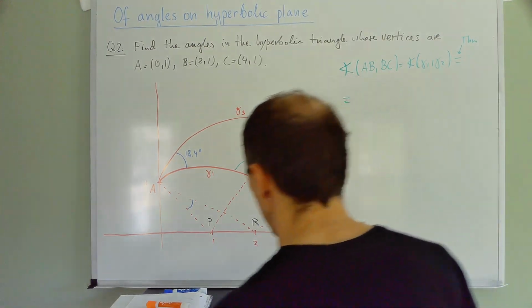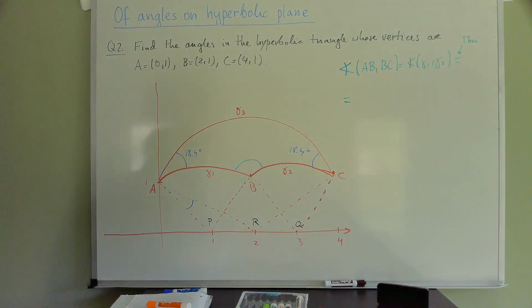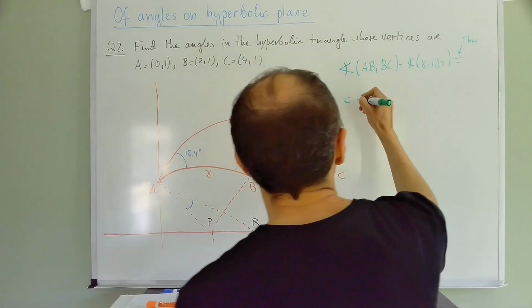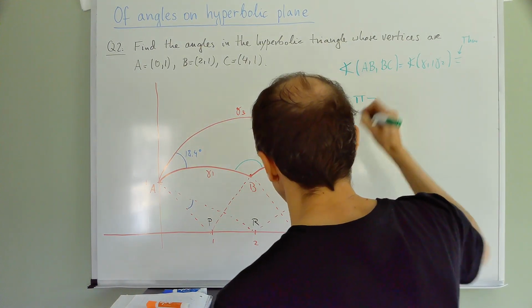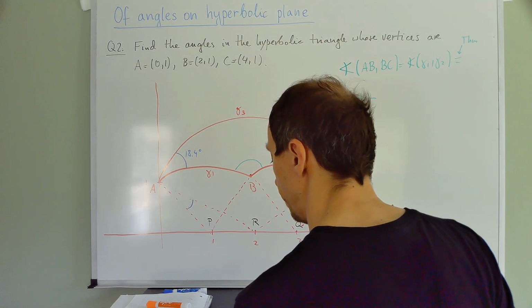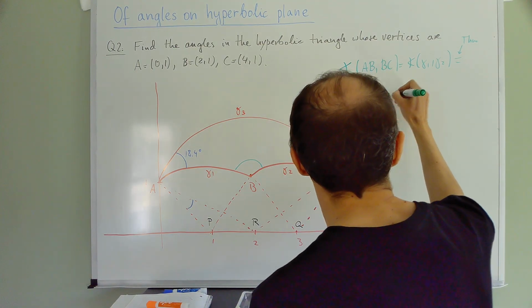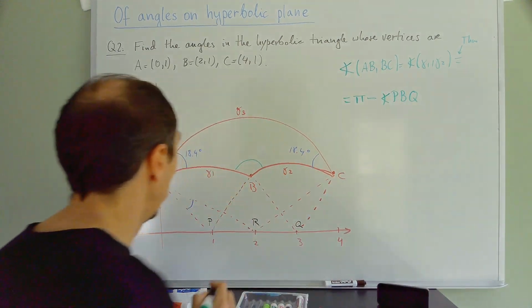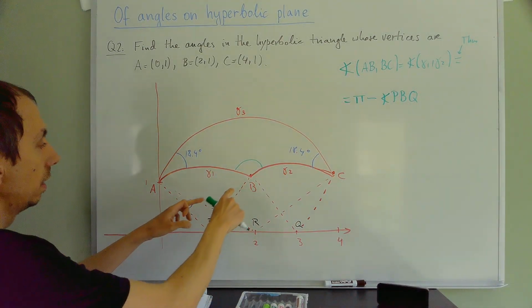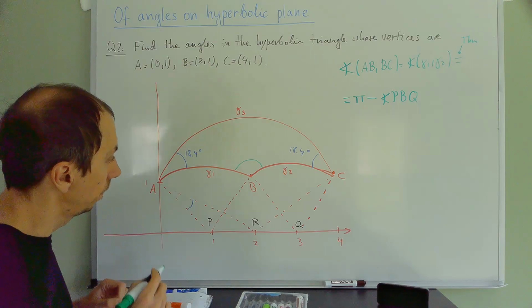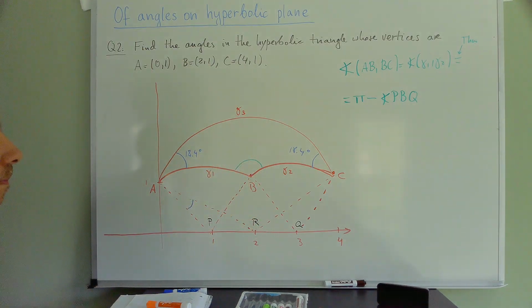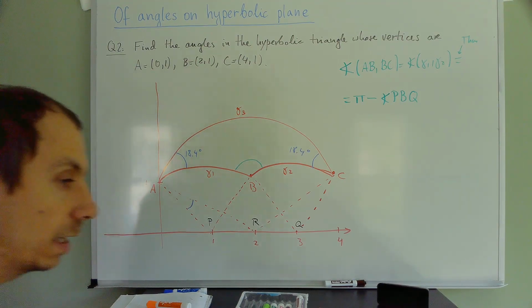And now this is the last case of the theorem. So that angle will be equal to pi minus the angle PBQ. So this angle and that angle are supplementary. PBQ. Okay, so what is this?